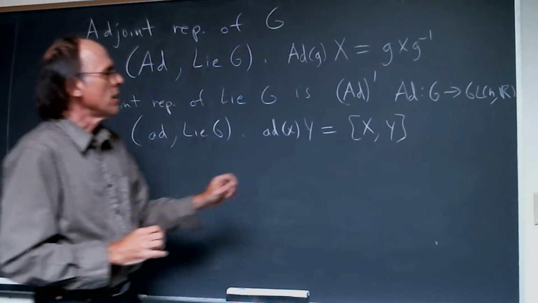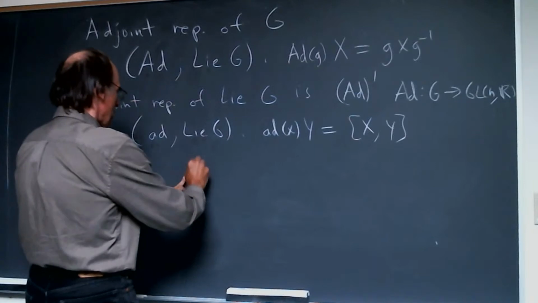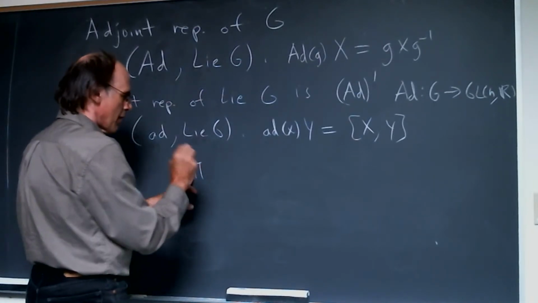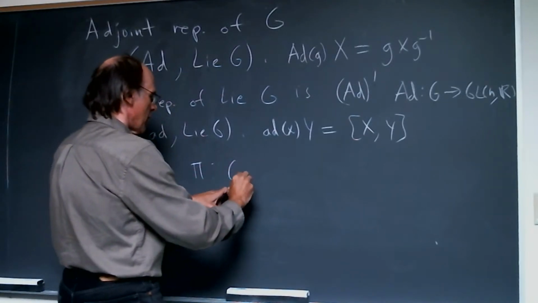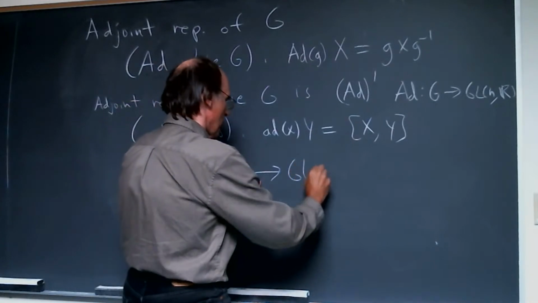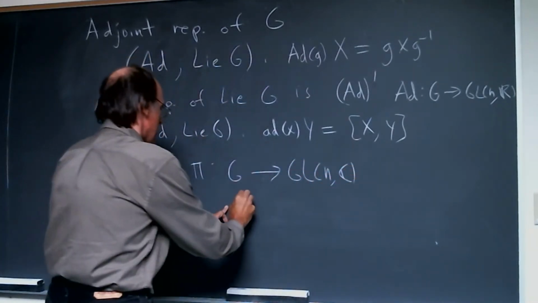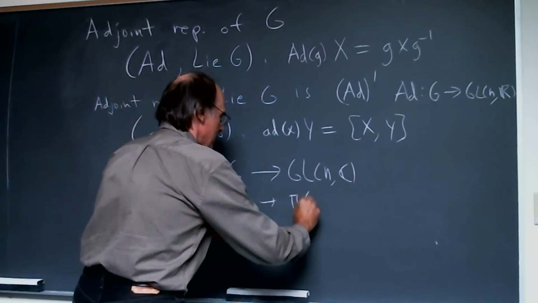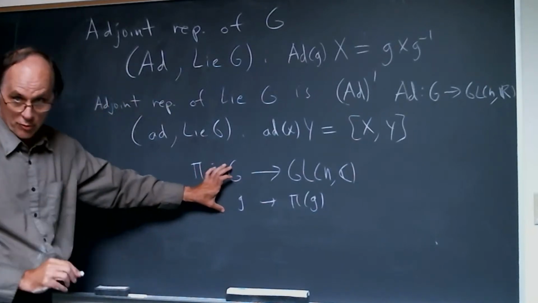Let's see. Yeah. Okay. So let me just say this again. An arbitrary representation is really a homomorphism that takes an arbitrary group to invertible matrices, so G goes to pi of G. Now this is a Lie group representation.